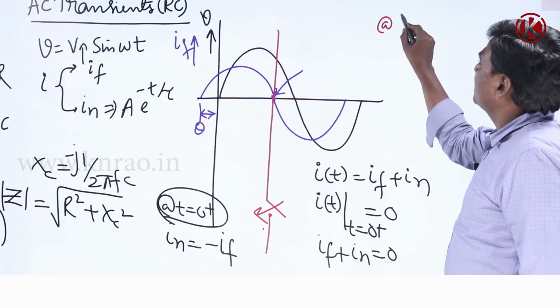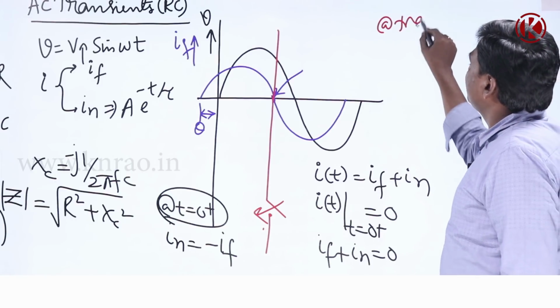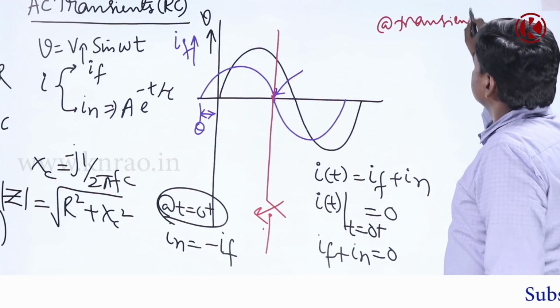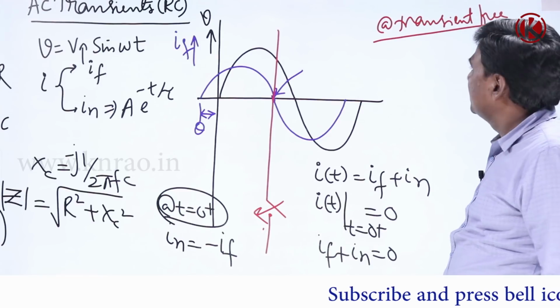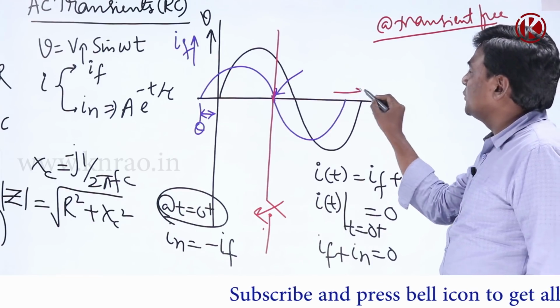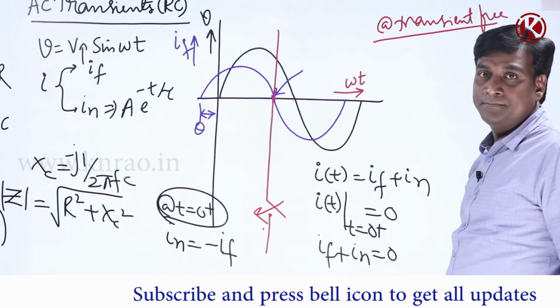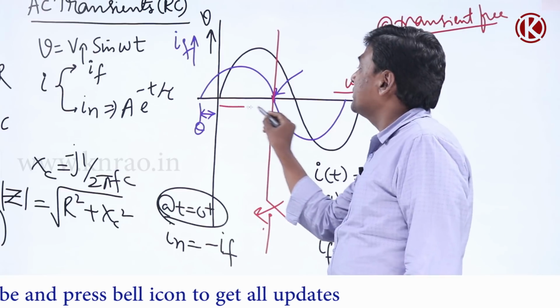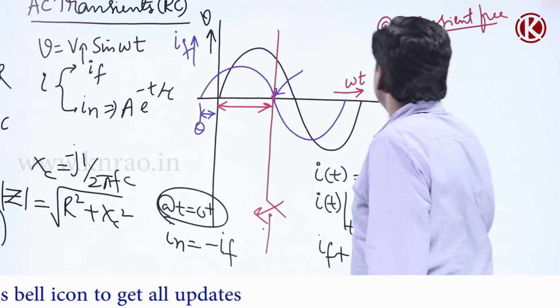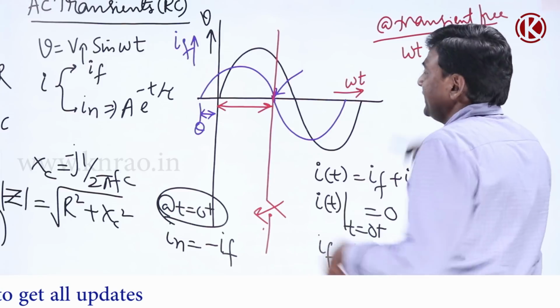For example, at transient-free condition, this is omega t, we already know, right? In the RL circuit we have seen. If it is omega t, at what instant do I have to close my switch? From here to here is the time. So omega t equal to this time.